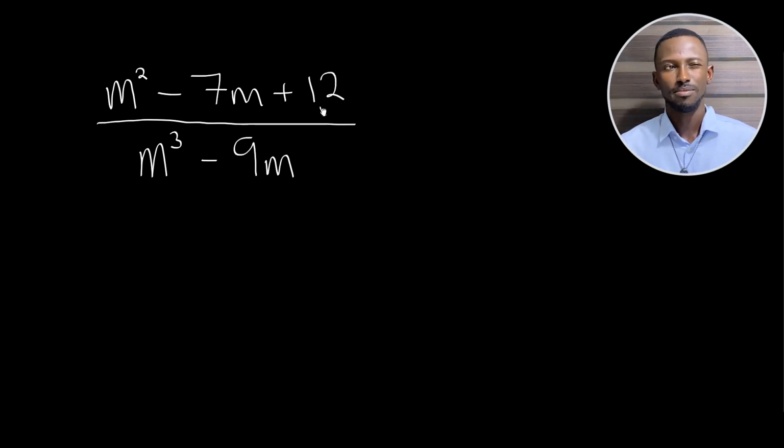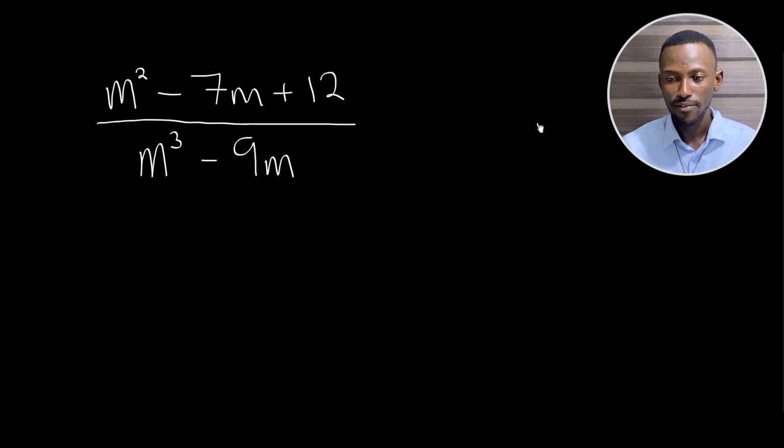Somebody might wonder why I have to mention it. Well, I keep mentioning it because some students get confused, especially if the coefficient is not 1. If the coefficient is 2, you have to multiply the 12 by 2 to give you 24. But for this one, the coefficient of m squared is 1, so 1 times 12 is 12.